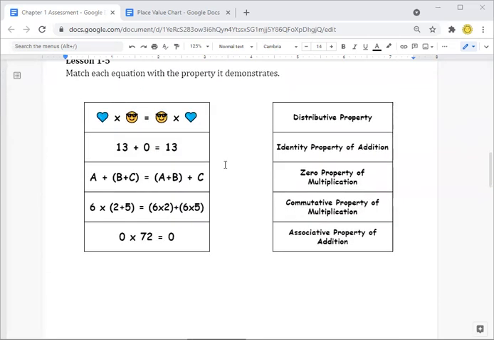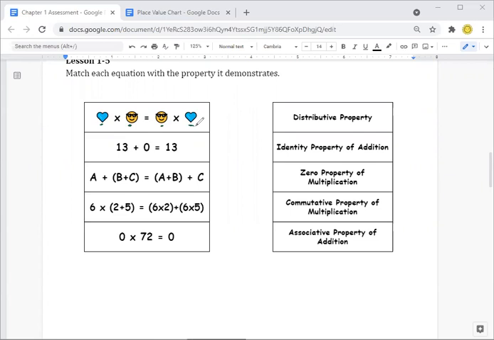Moving down to this section, we had some fun, not only in our own classroom, but then recently with third graders, getting comfortable with the different properties. So you could use that cut and sort activity that we did. You can use your anchor chart that's in your math notebook to help remind you of the different properties and their tendencies. So if I'm looking at this first one, I see that a heart times a smiley is equal to a smiley times a heart.